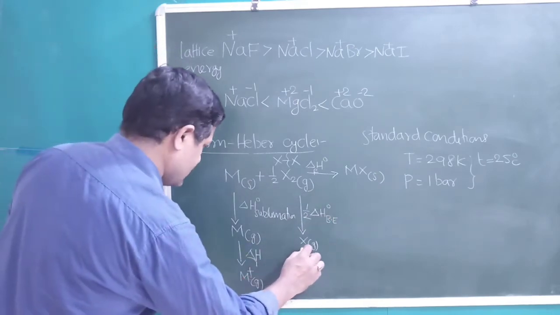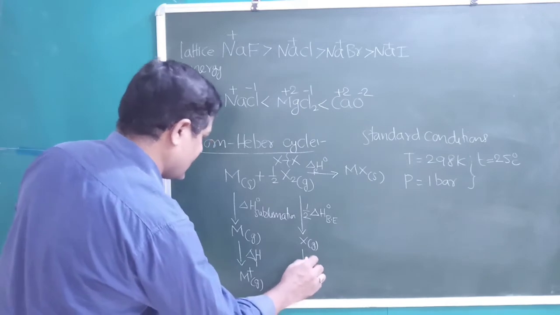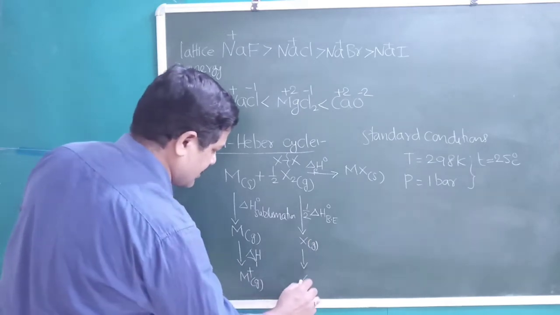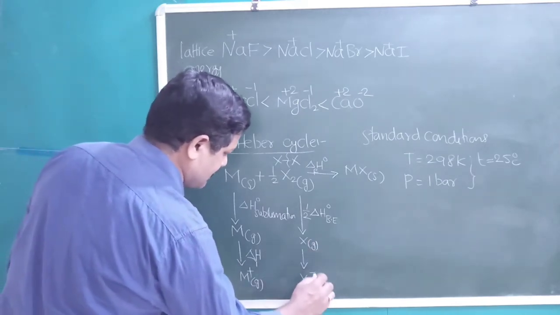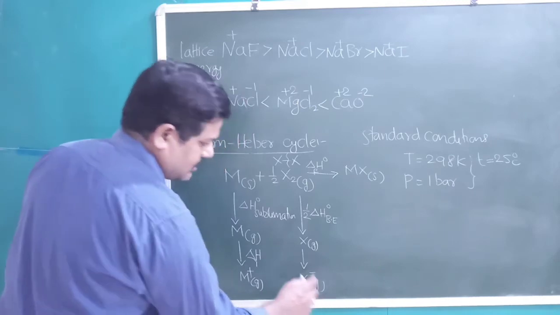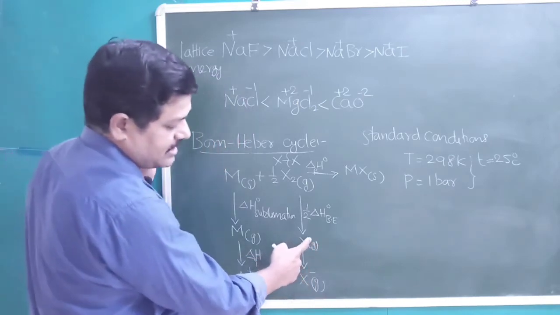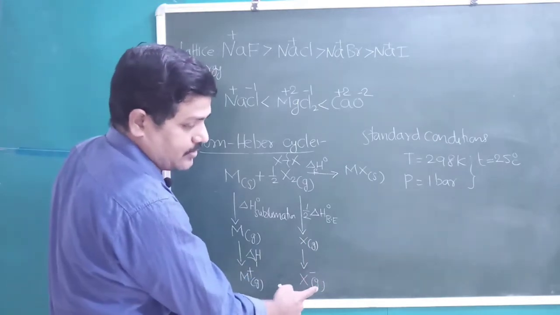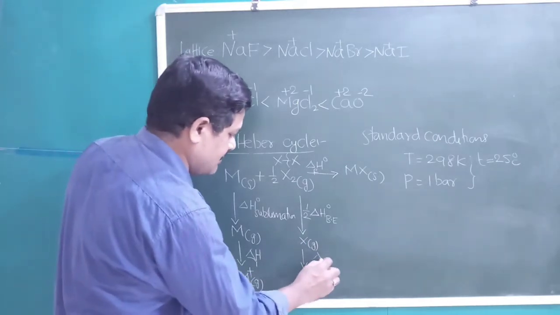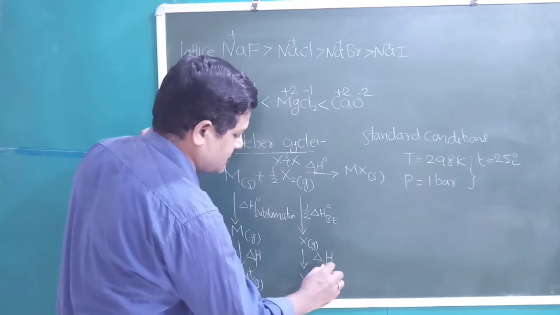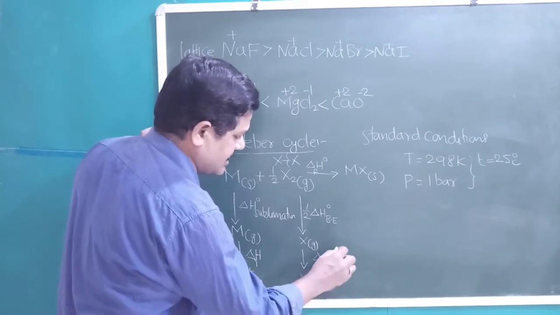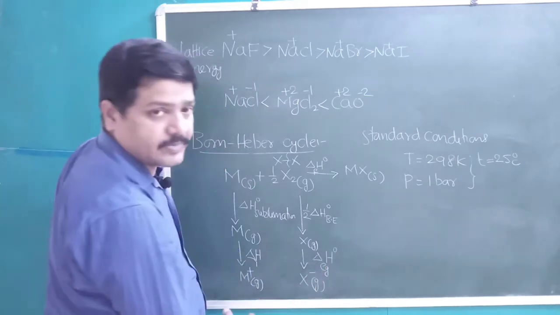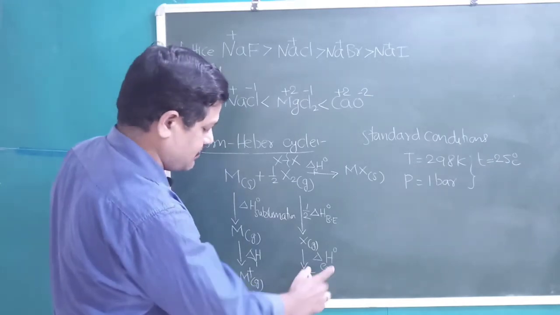And after X2 is converted into X, we need to convert this X into X minus gas. The non-metal atom should be converted into a gaseous anion. The enthalpy change accompanied with this process is indicated as delta H naught Eg, electron gain enthalpy.